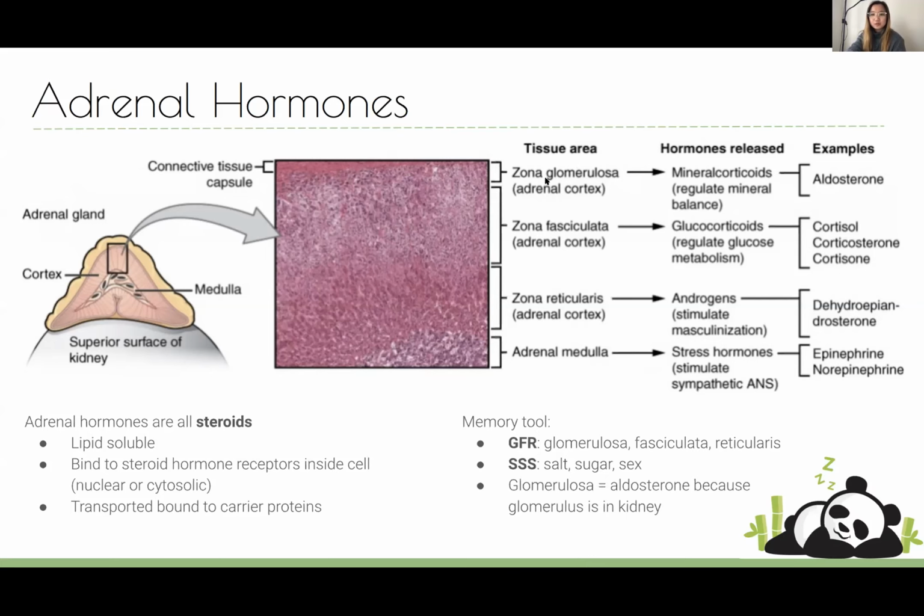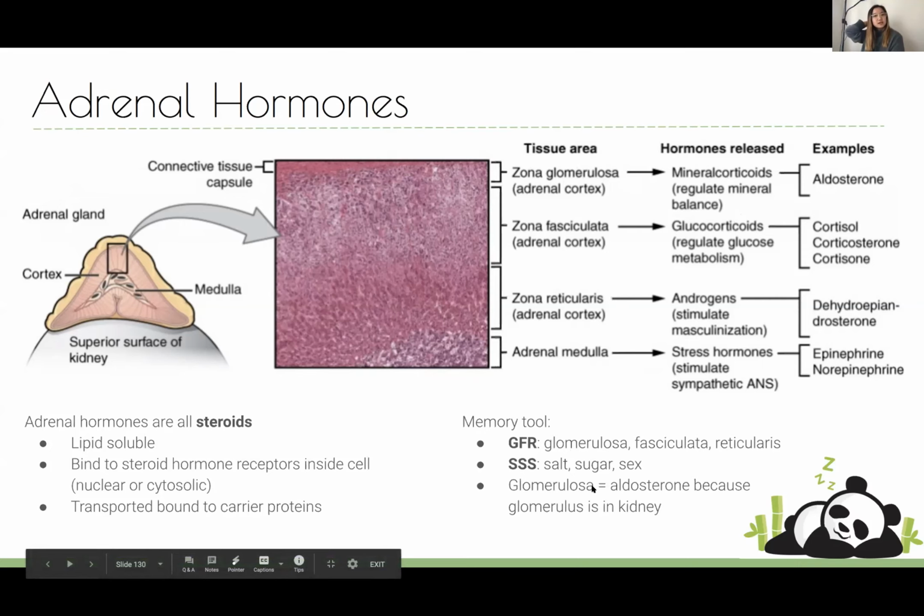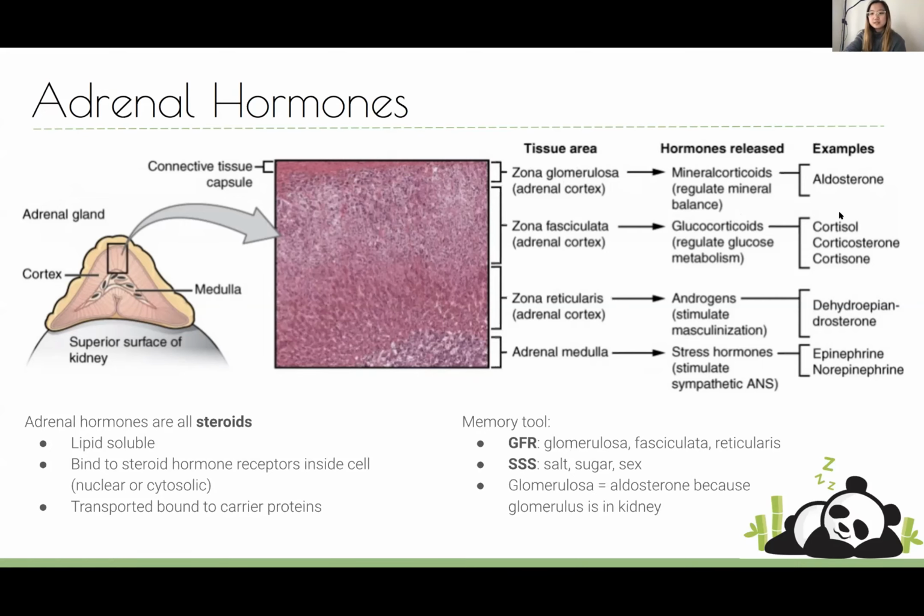Your glomerulosa makes your mineralocorticoids, such as aldosterone, and regulates your salt. Your zona fasciculata is involved in sugar, so that's your glucocorticoids, such as cortisol. Your reticularis is involved in sex, so that's your androgens. And your medulla is your SNS, so your epinephrine and norepinephrine.